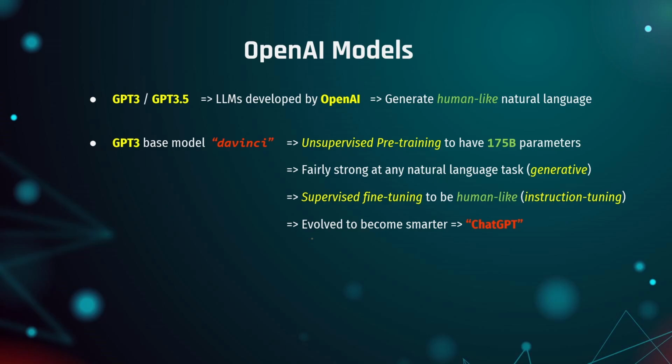And from the GPT-3 base model Da Vinci all the way to the latest ChatGPT, in between আরো অনেক মডেল কিন্তু রিলিজ করা হয়েছে, which we will see very shortly.